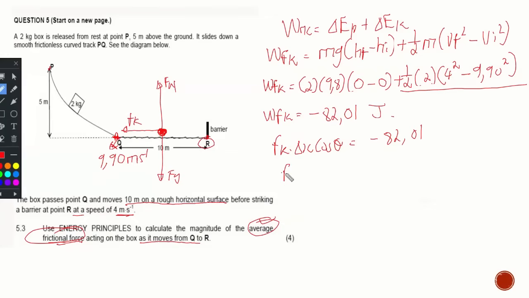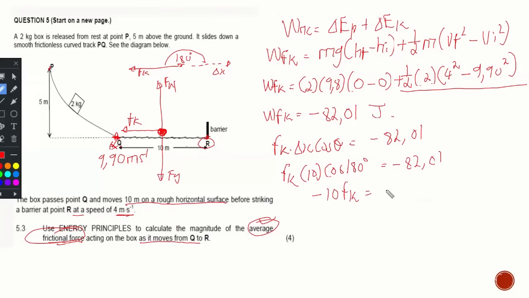So we don't have Fk, but our delta x is the displacement, so it's 10. Then we have cos what? Theta should be 180 degrees, because as we know, displacement will be going that side, Fk will be going that side, and the angle between the force and the displacement is 180 degrees. So it is equal to negative 82.01. This will give us negative 10, and then Fk is equal to negative 82.01.